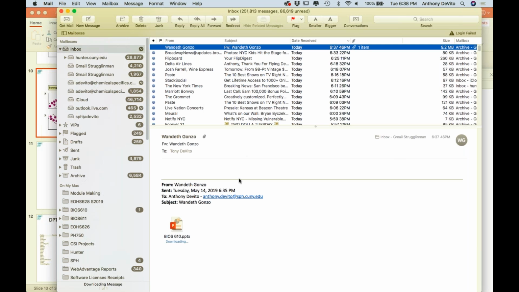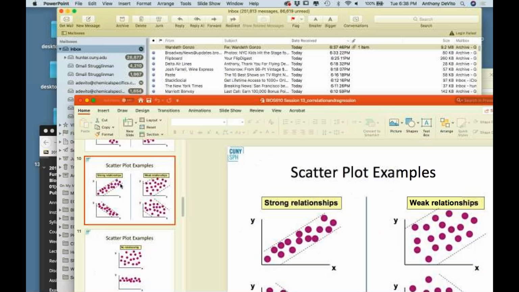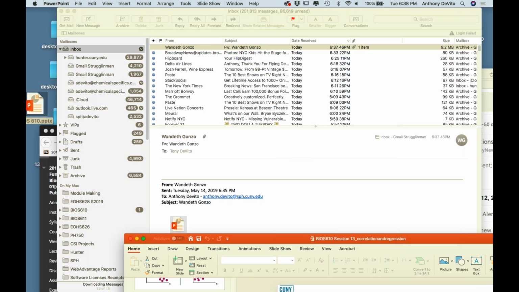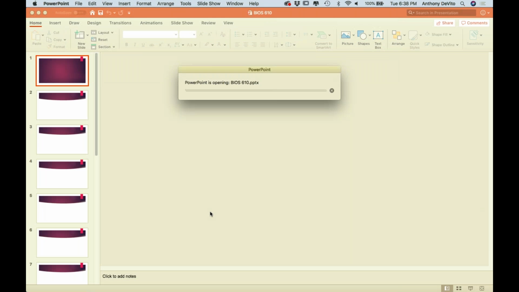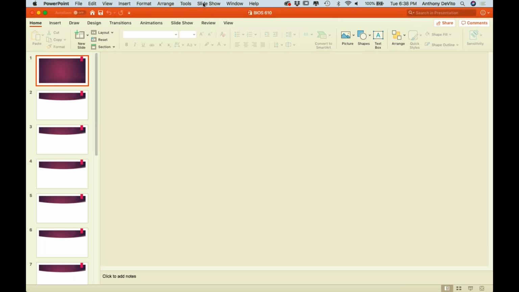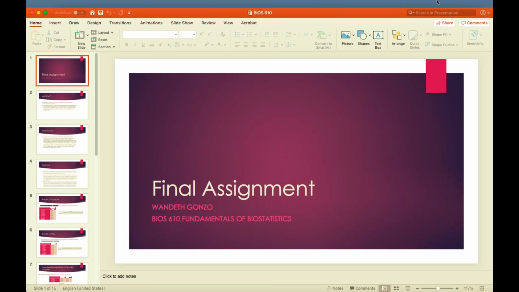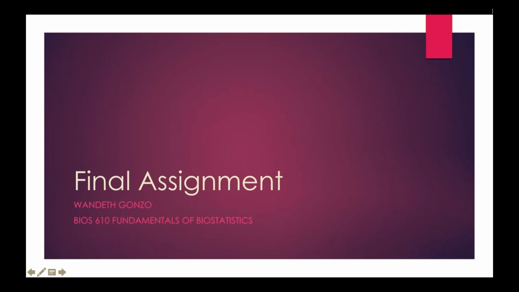Yep, it showed up. Okay, we're all set. All you need to do are the arrows, the left and right arrows.